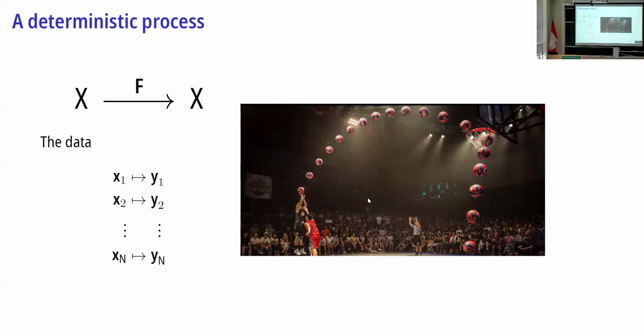If you look at this basketball as it flies, when it's thrown, that's one initial condition, x1, y1. Then you can subdivide this trajectory even further, and this becomes x2, y2, and then x3, y3, and so on. So this is my deterministic process, and obviously these people try to make sure that it's not quite deterministic that it goes in.